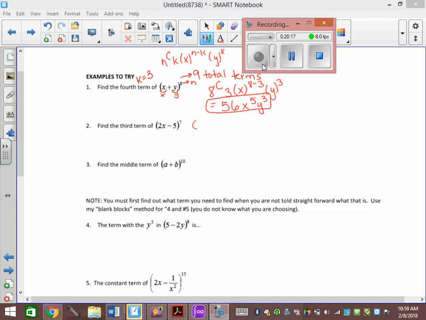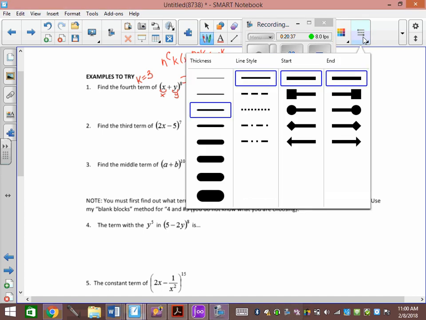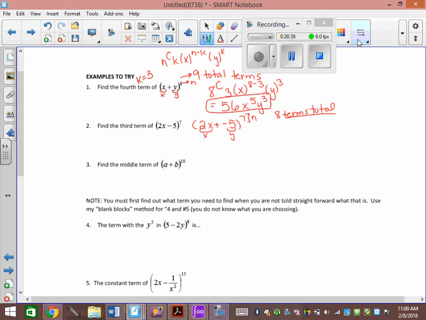This one is going to be 2x plus negative 5 to the 7. So this is your x, this is your y, this is your n, and we'd have 8 terms total if they asked us that. They want the third term, so we know k equals 2. So we're going to do 7C2, 2x to the 7 minus 2, negative 5 to the 2.